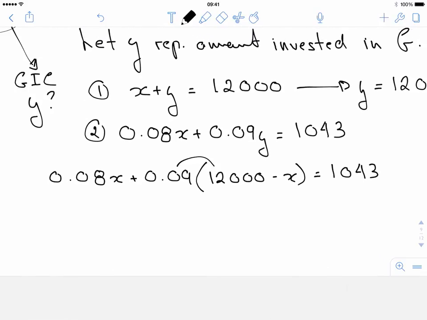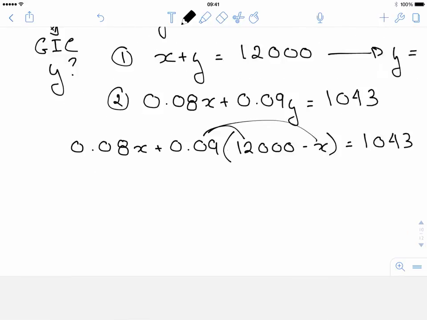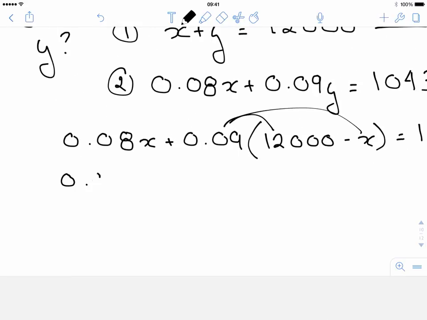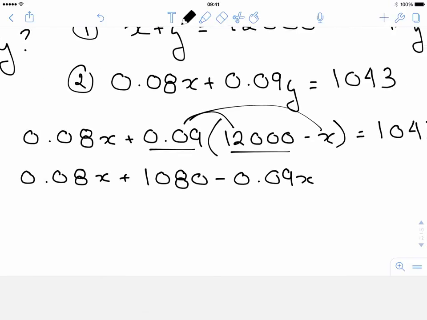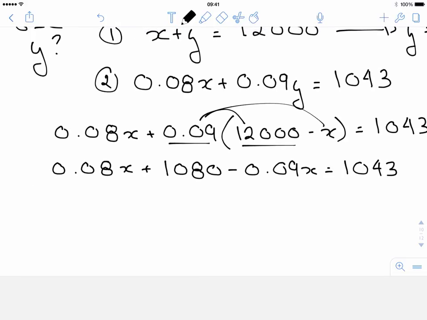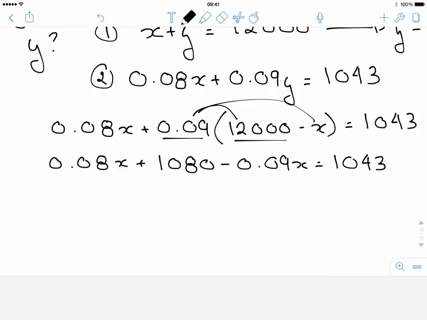And if I multiply this out, what do I get? Well, I get 0.08x plus 1080. That's the 0.09 times 12,000. And then I subtract 0.09x, and that's equal to 1043. Now I can start bringing my variables together, collecting like terms, bringing my constants together.